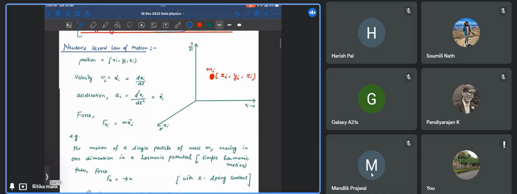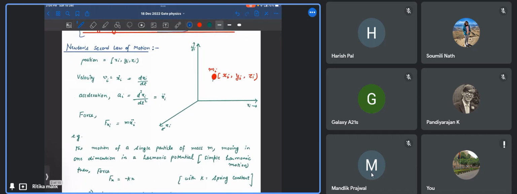So you are all familiar with that. If you have a particle of mass m in a Cartesian coordinate system, like the 3D space in which we are living, with x, y, and z, then we can always represent the position of the particle by giving the coordinates x, y, z. When we try to find the velocity of the particle, we can simply differentiate the position coordinate with respect to time, and we will get the velocity.